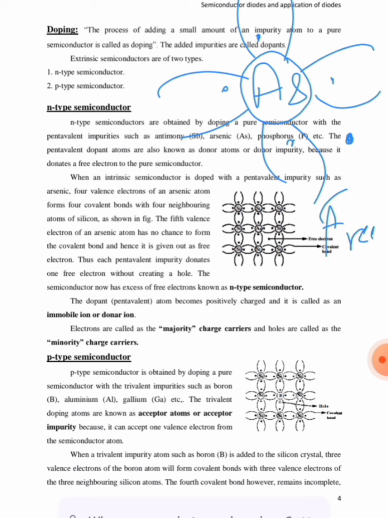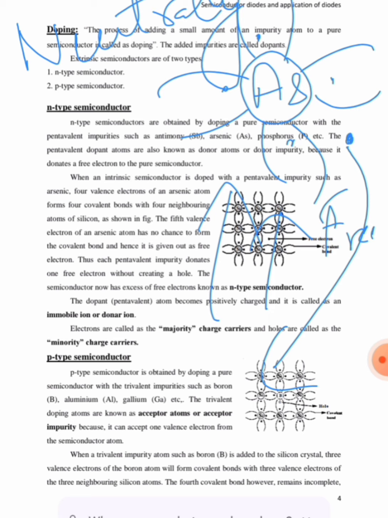Now, as soon as the external energy is supplied, these free electrons start moving from one place to another. Now, there is a deficiency of electron in this arsenic atom. Deficiency of electron in this arsenic atom in the sense that, on the whole, the atom will be neutrally charged.